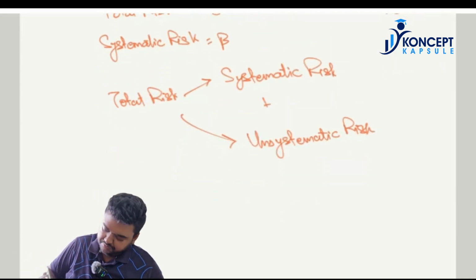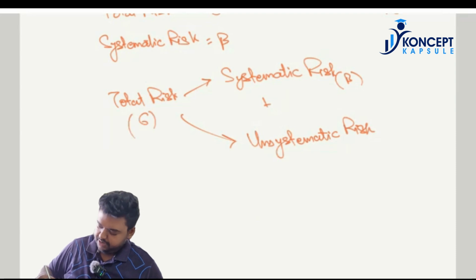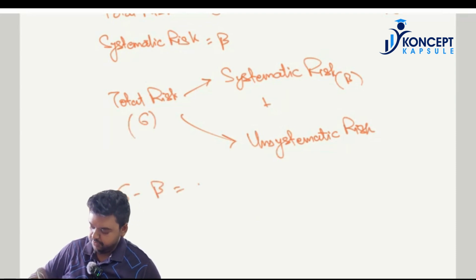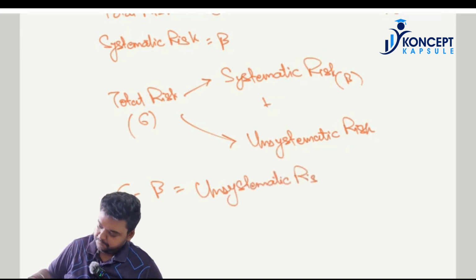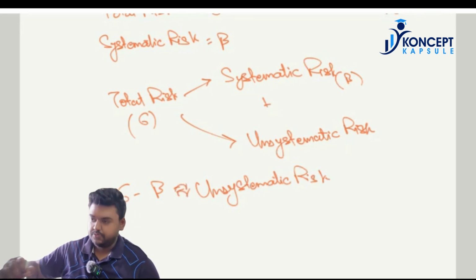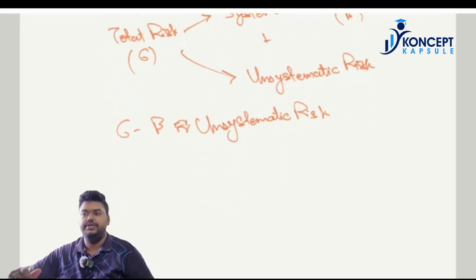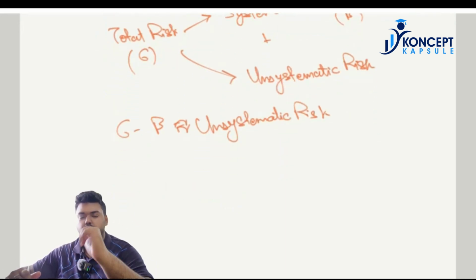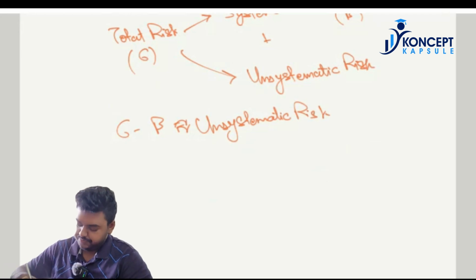So we have sigma, we have beta. If we find the residual point, we will get unsystematic risk, approximately. Why are we doing approximation? Because this is not the actual way you get unsystematic risk.